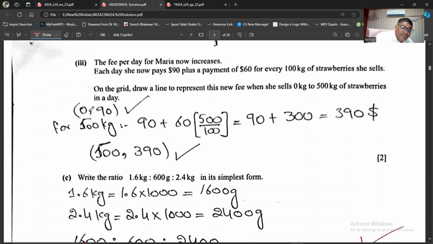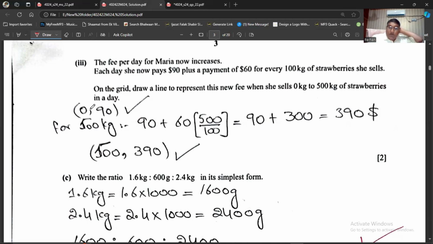So one point will be 0 comma 90, and for 500 kg, the fee she has to pay is 90 plus 60 into 500 divided by 100. So it will be 90 plus 300, that is $390. So when she sells 500 kg of strawberries, she has to pay $390.